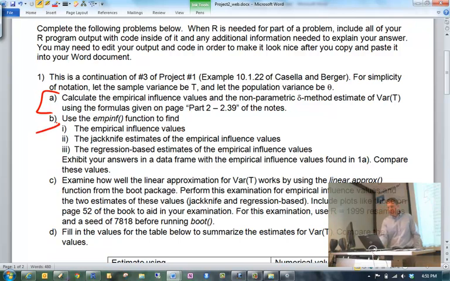But then, using the Empi function, find the empirical influence values. Again, you should know when you got it right, because you know what the correct value is based on the notes. As long as you substitute the actual numerical values of the y's and j's correctly, you should get the same values.